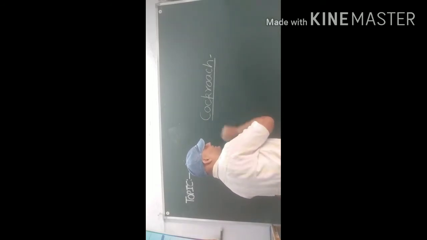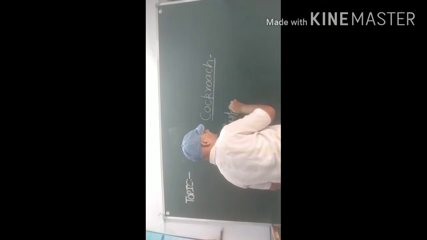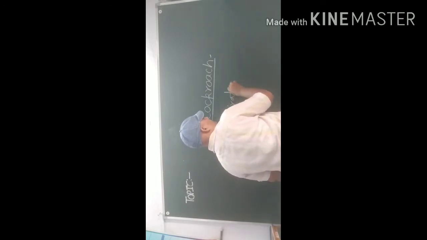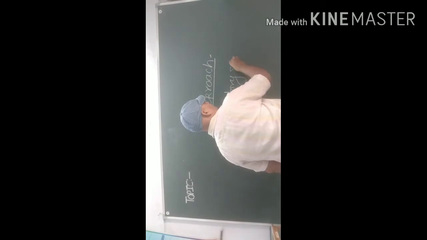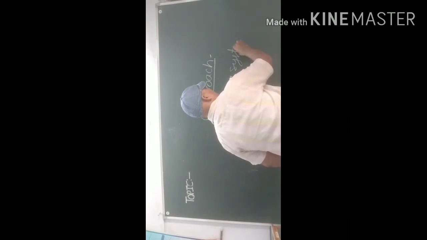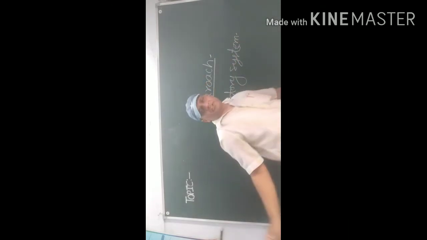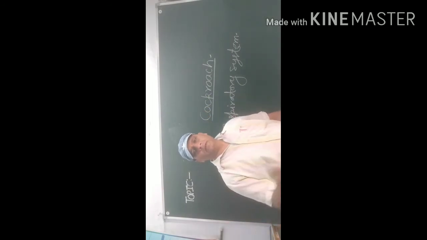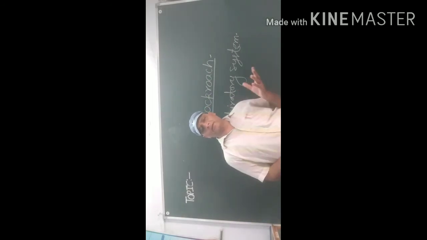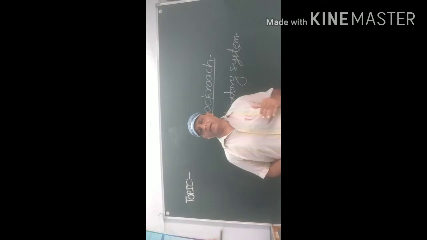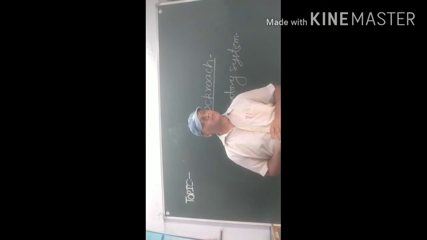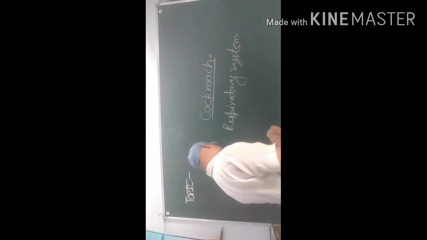Respiratory system. The respiratory system is composed of a network of trachea that help in breathing. Circulatory system.